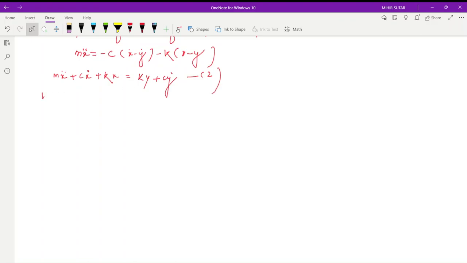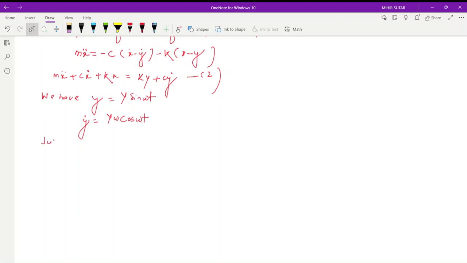Now we have small y equal to capital Y sine omega t from equation 1. If we differentiate this equation, we'll have y dot equal to Y omega cos omega t.